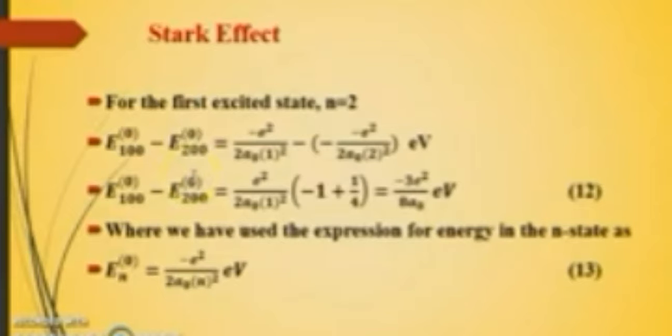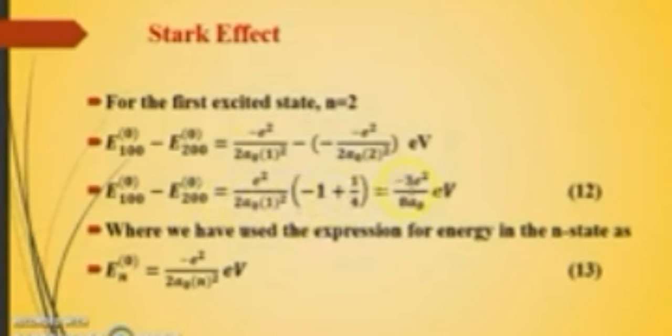Now for the first excited state n equal to 2, which is characterized by the energy expression E n naught equal to minus e square by 2 a naught n square electron volts. Here we have n equal to 2. So the energy difference E 100 naught and E 200 naught will be given from this expression itself, that is equal to minus e square by 2 a naught 1 square, because n is 1, minus bracket minus e square by 2 a naught 2 square, because n is 2.